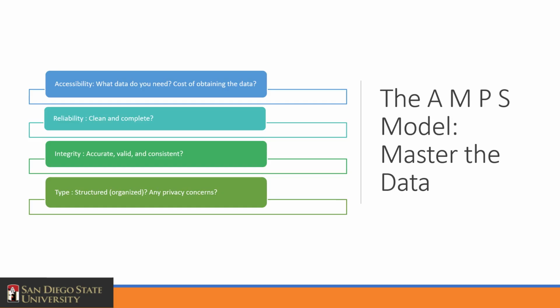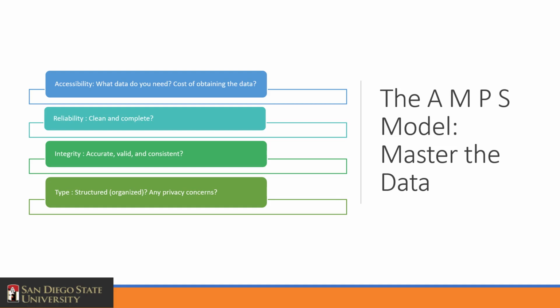The second step is master the data. When we master data, we try to find data that should have four attributes. First of all, we need to see whether the data is accessible. What is data accessibility?